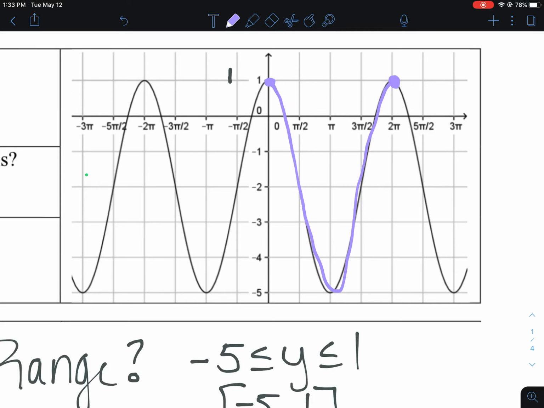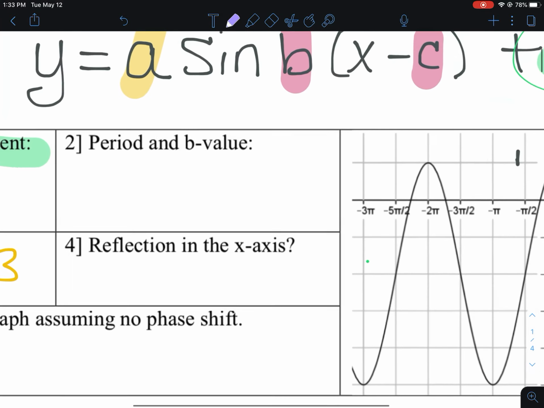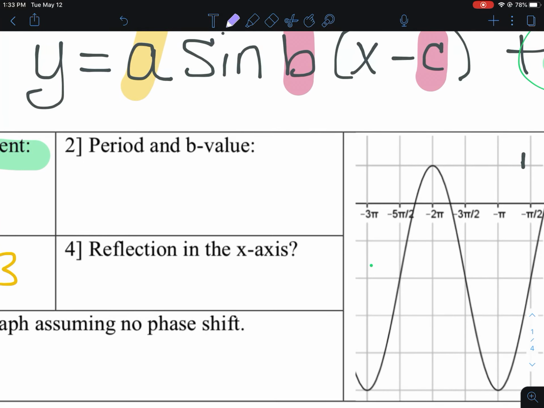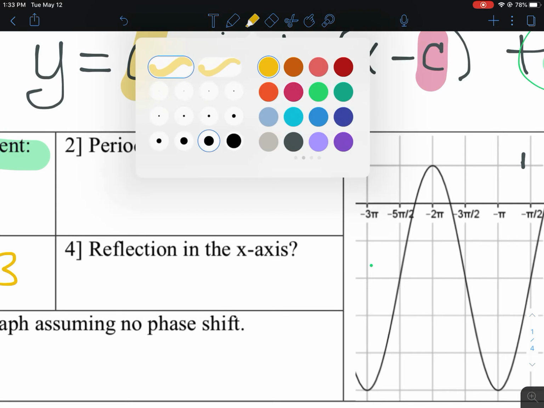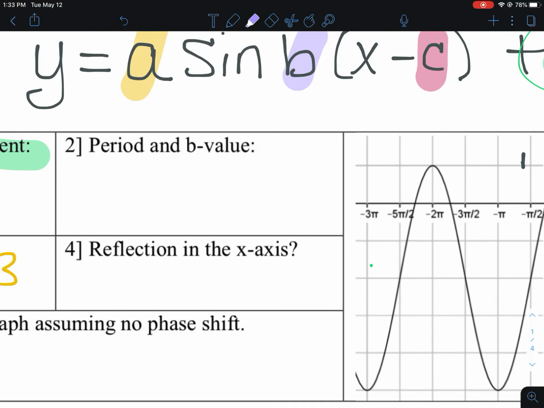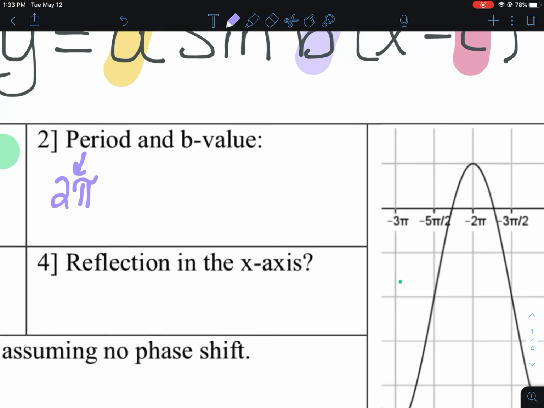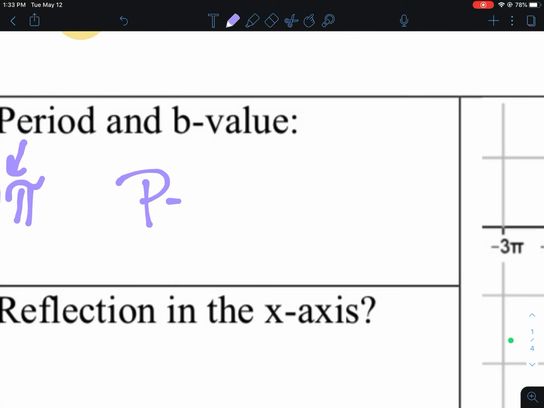Now this graph goes down and comes back up to the same spot and it's back at positive 1 when x is 2 pi. Okay, so that tells us that our period is 2 pi. So period here, we're going to be looking for this b value. Period is 2 pi.